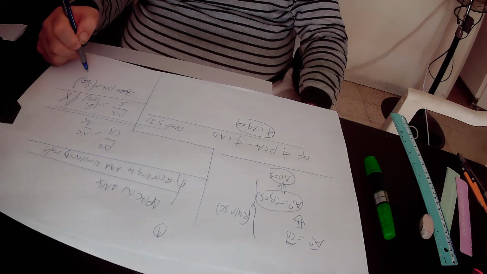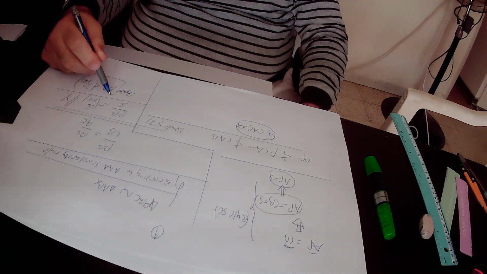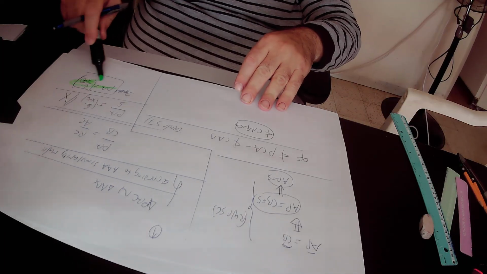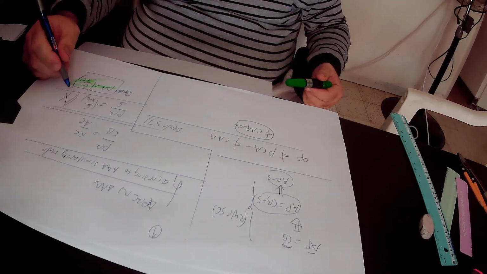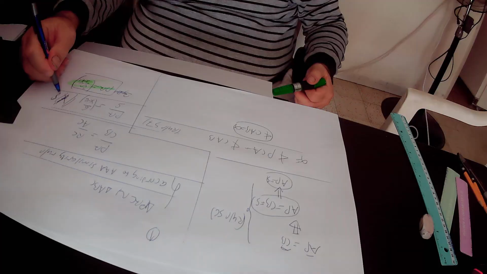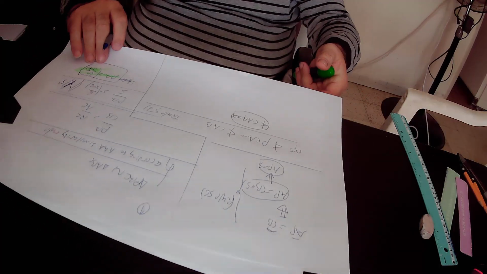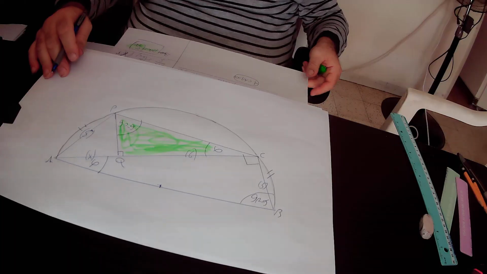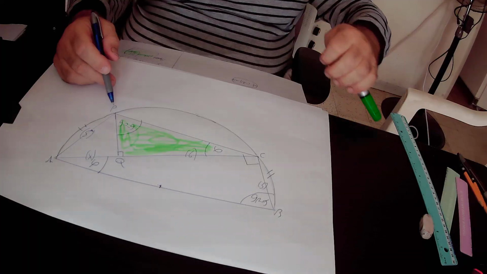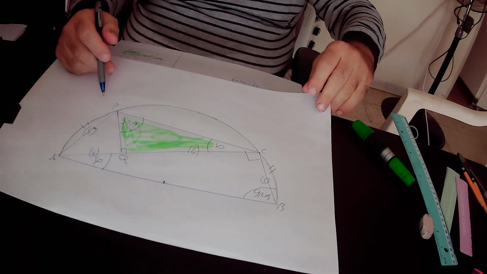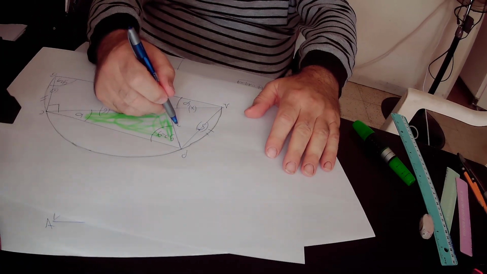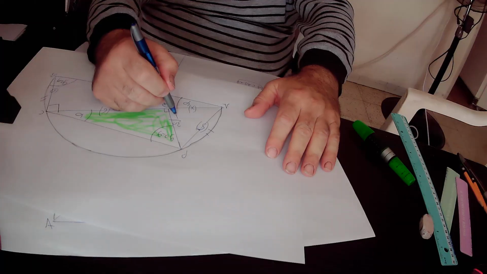So in total we found out that the missing side PQ equals 30 over x plus 6 units in length. So write it down: PQ equals 30 over x plus 6 units in length.